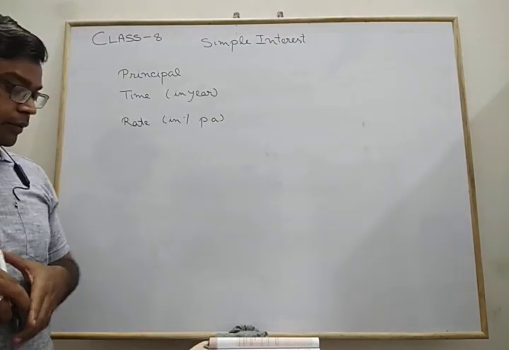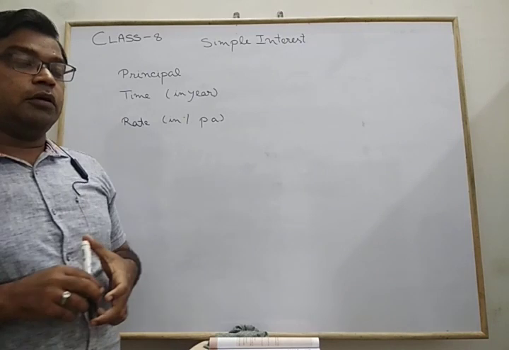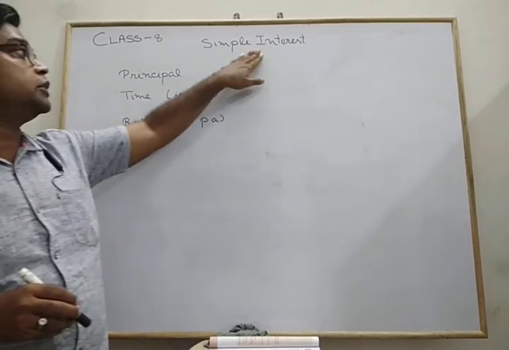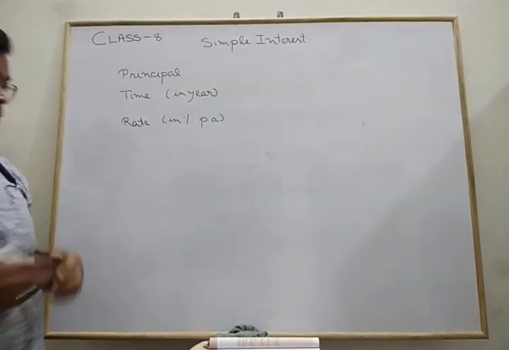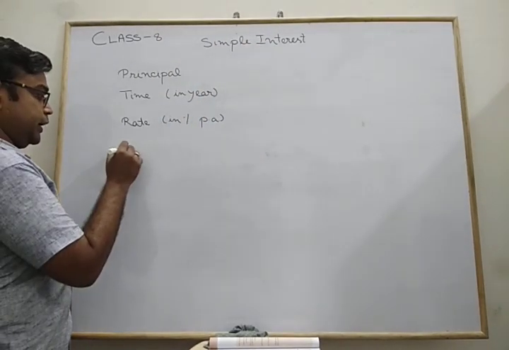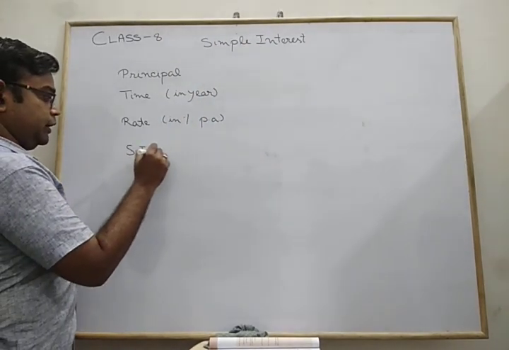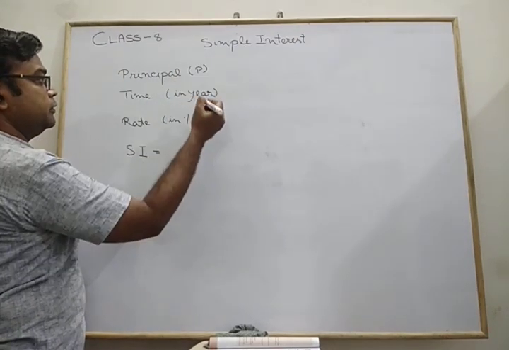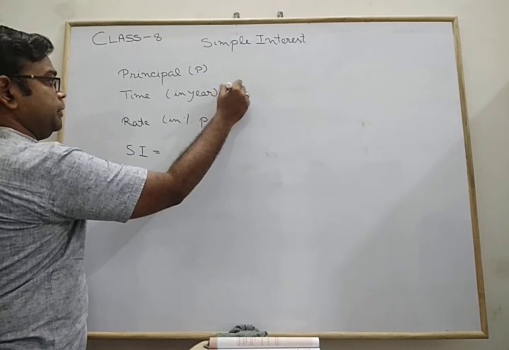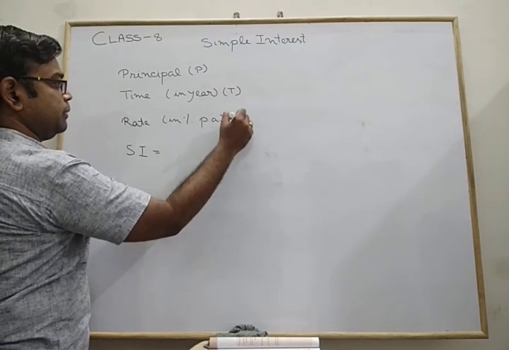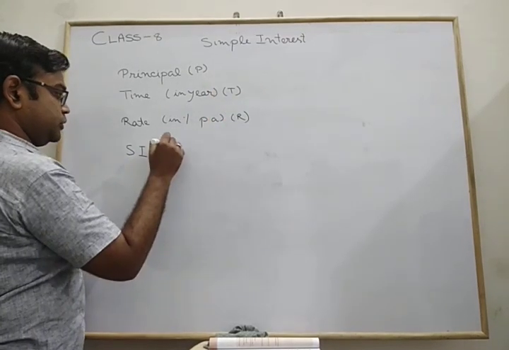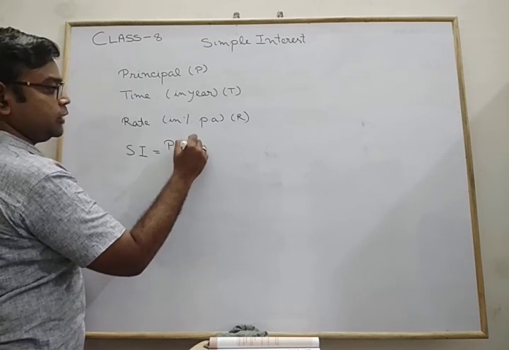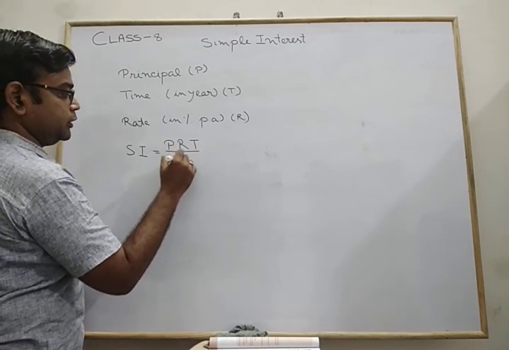Then, on the basis of these, we can easily find out the simple interest, the extra income. We write in short SI equals, for principal we use capital P, for time capital T, and for rate capital R. So in short we can write P into R into T upon 100.